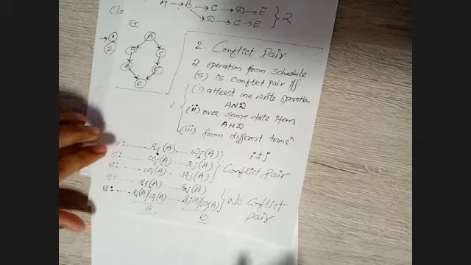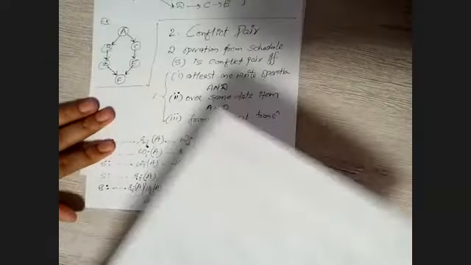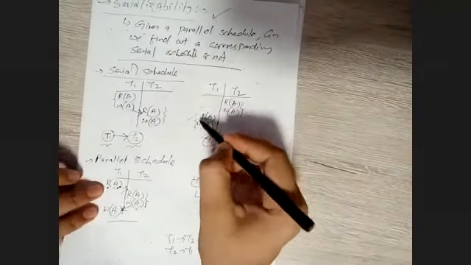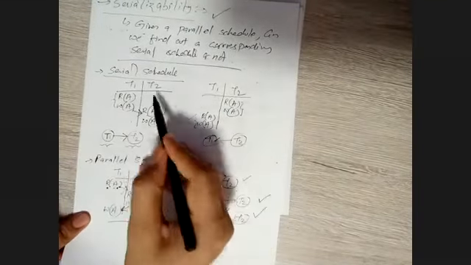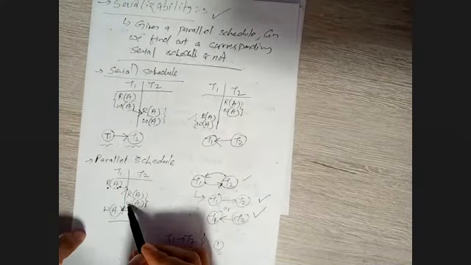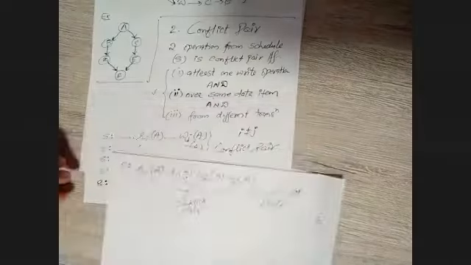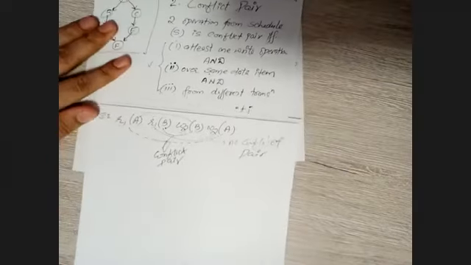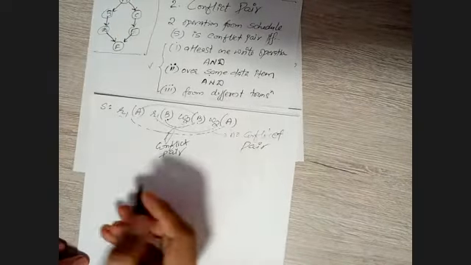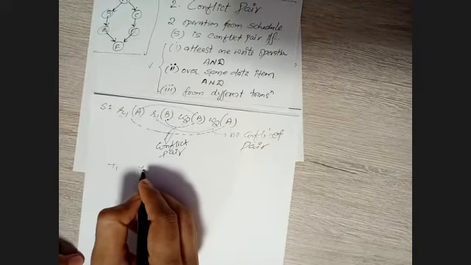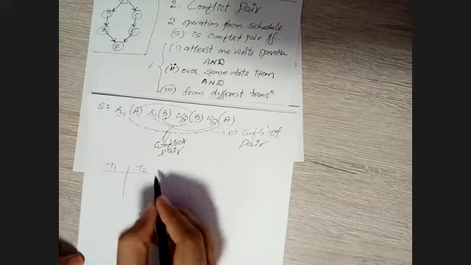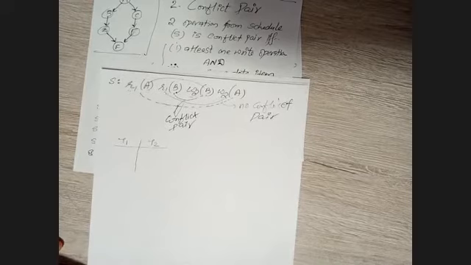We are writing the transactions in tabular format, right? Means, for example, transactions in this way, T1 T2, T1 T2 and T1 and T2 in this way. This is also a schedule in which we have two transactions T1 T2, right? The other way for this is you can write it in this way also. We have T1 transaction, T2 transaction. Right, you can write in this way also.